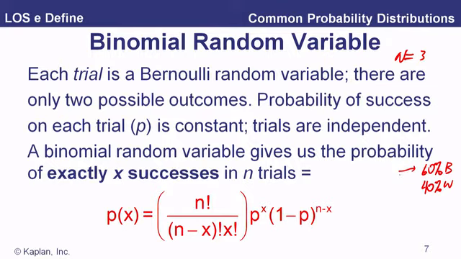What's our probability of getting a black ball in a single trial? Only 2 possible outcomes, right? White and black. Chosen at random, the probability of getting a black one is 60%. So let's call that the success. And we want the probability of 2 successes in 3 trials.